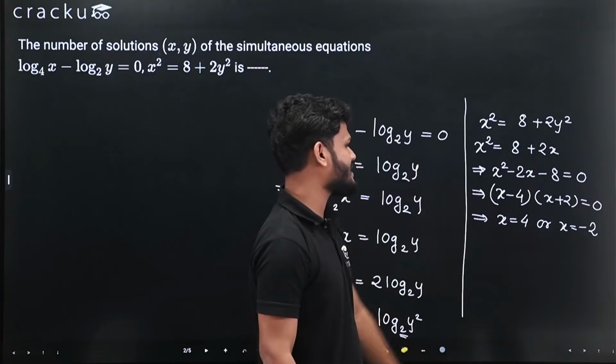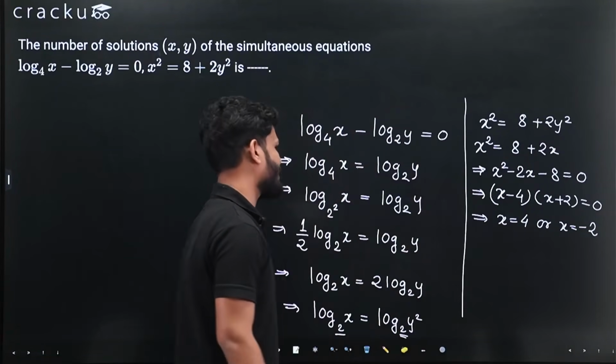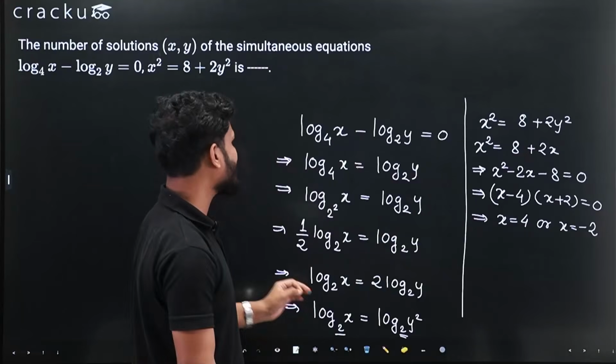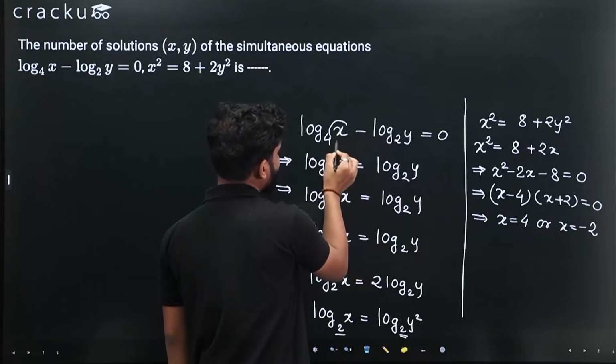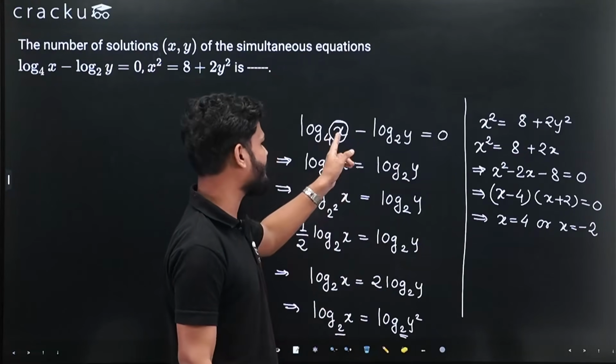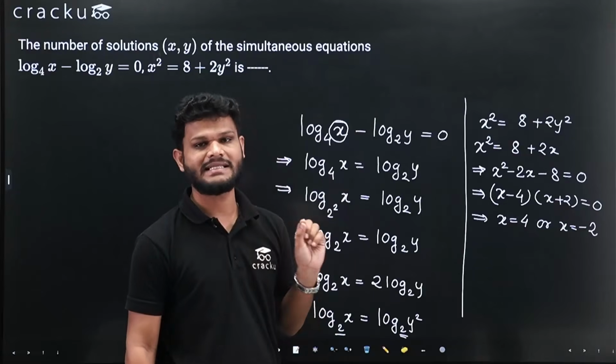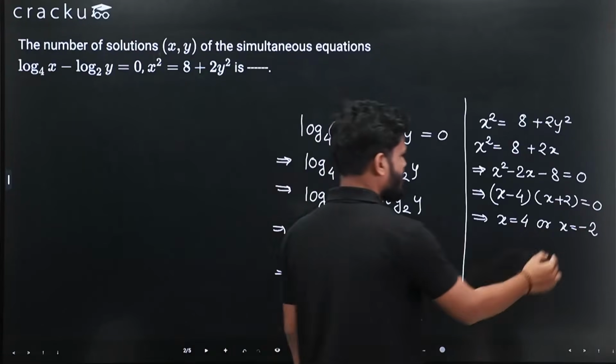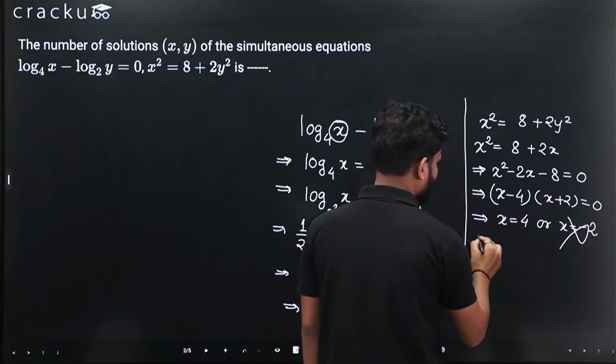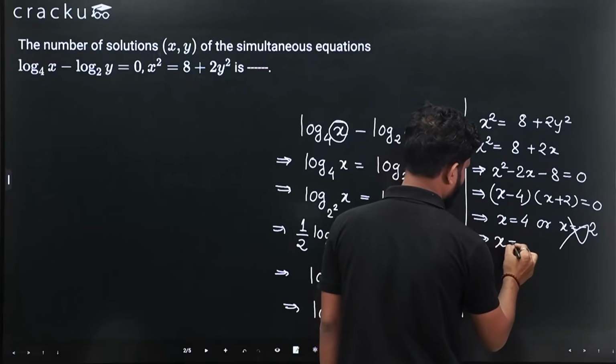So from here I got x is equal to 4 or x is equal to minus 2. But this x is inside the log, and the value inside the log can never be less than 0. It is always greater than 0. So this is not possible. So from here I get x is equal to 4.